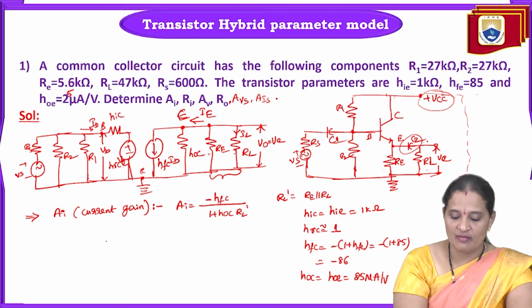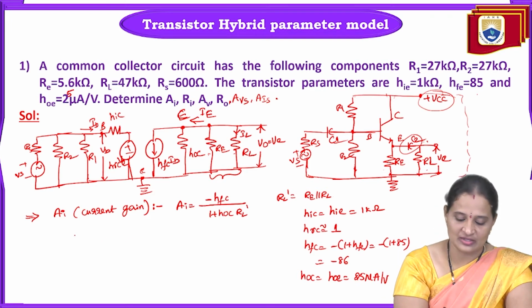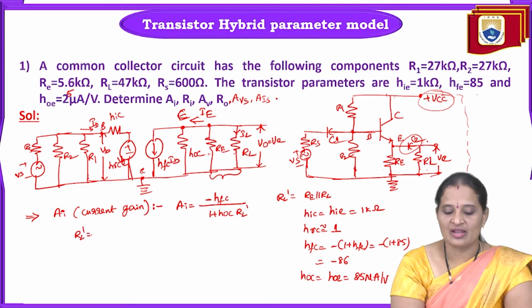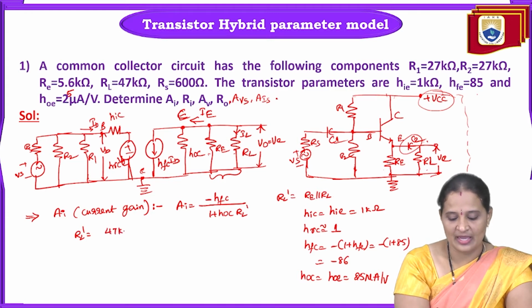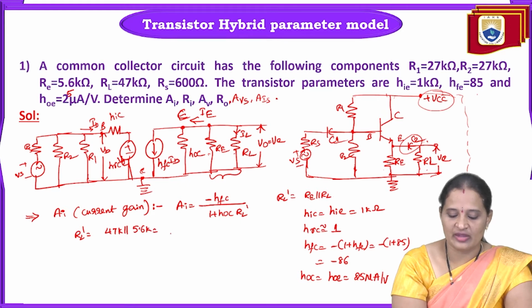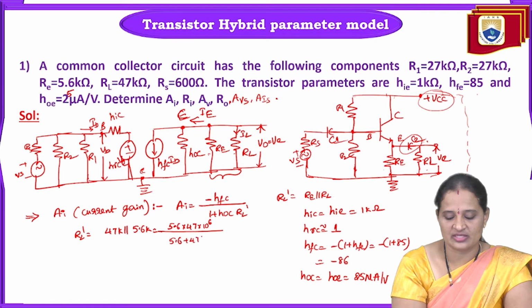Right. So now I want to calculate the current gain. So before that, I want to find out RL dash. What is the value of RL? RL value is 47K in parallel with 5.6K. So how can we calculate this value? 5.6 into 47 into 10 to the power of 6 divided by 5.6 plus 47 into 10 to the power of 3.